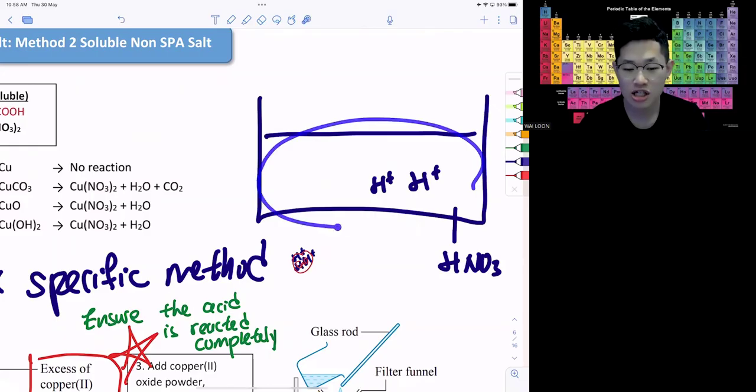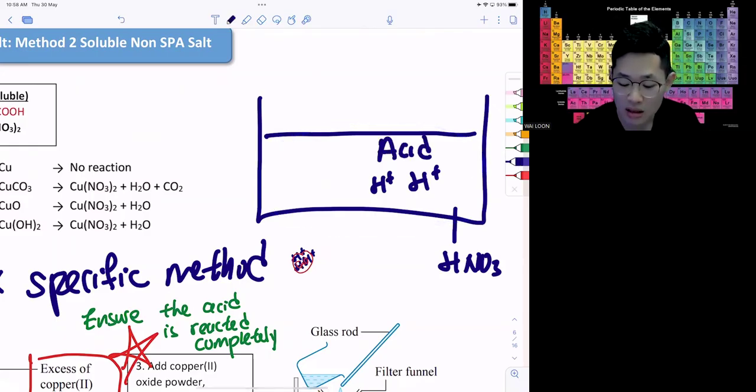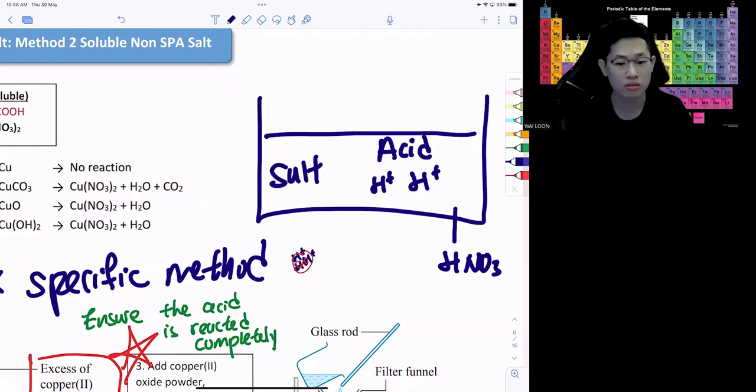If I still have extra acid in the beaker, that means the acid will mix with the salt produced. When the acid mixes with the salt produced, then our salt is not pure. We don't want a salt that tastes salty and acidic at the same time, right?